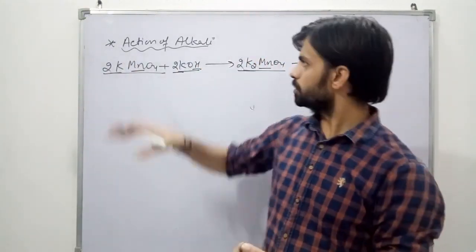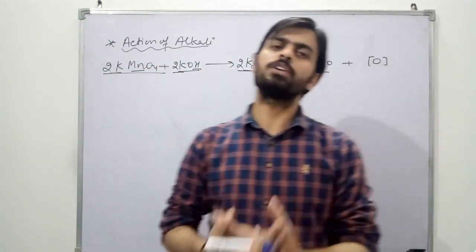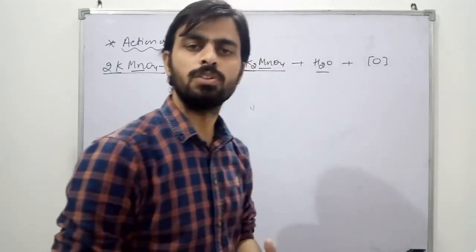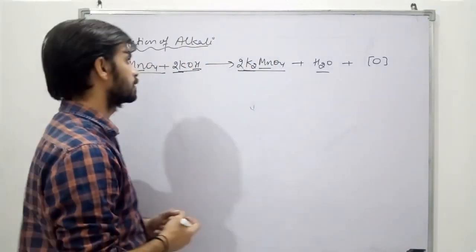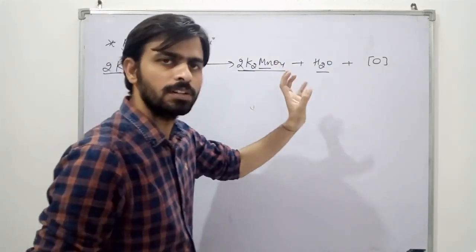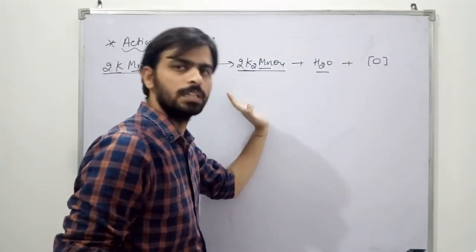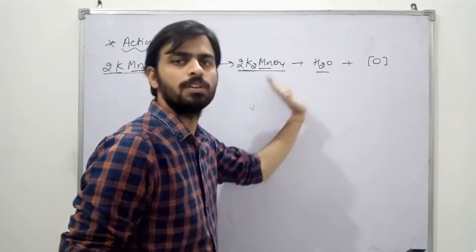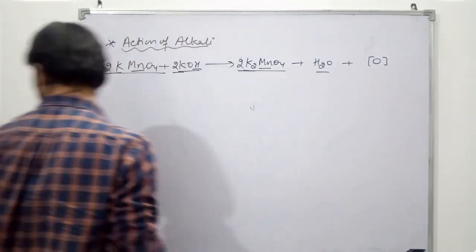That means potassium permanganate is also a very good oxidizing agent. It can oxidize in water, meaning neutral, basic or alkali solution.